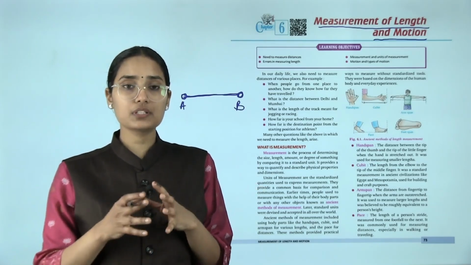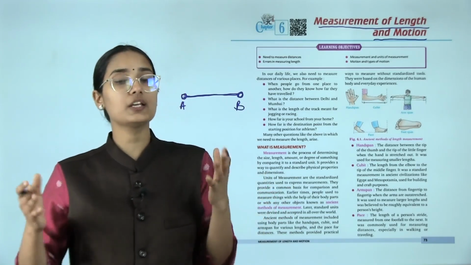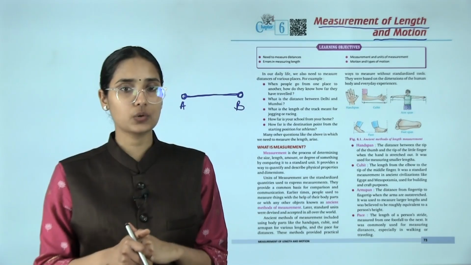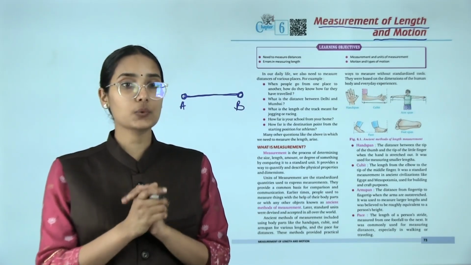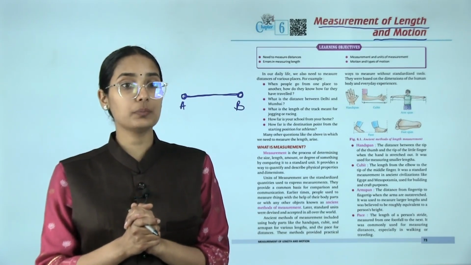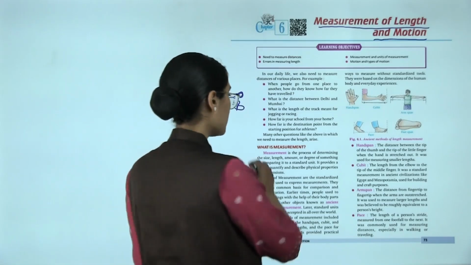But if the distance is so far, for example the distance between Delhi and Mumbai, how will I measure it? So let's understand this in this chapter. Many other questions like the above, in which we need to measure length, arise. So what is measurement basically?